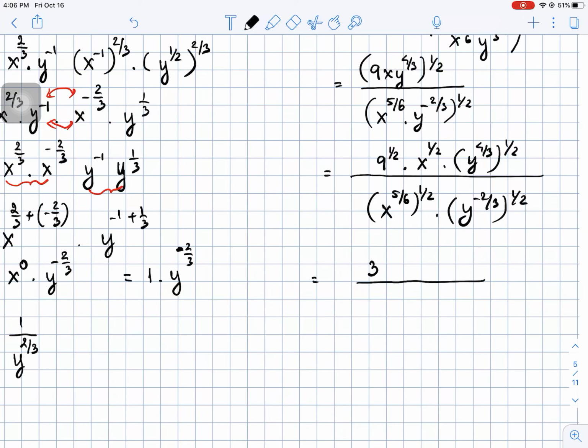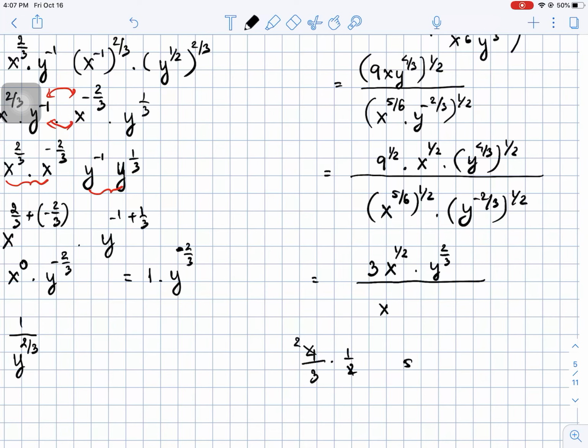In the bottom, we apply the same product to the power rule to x to the 5/6 to the 1/2, and then y to the negative 2/3 to the 1/2. Between them is a multiply. 9 to the 1/2 is 3 because that is the square root of 9. x to the 1/2, we copy the same.